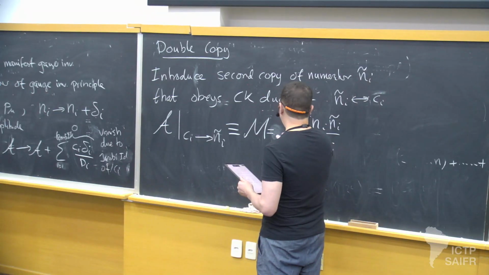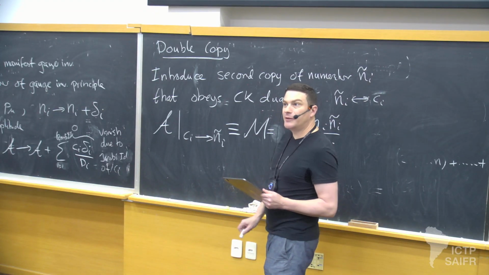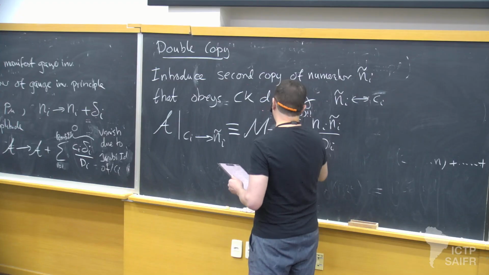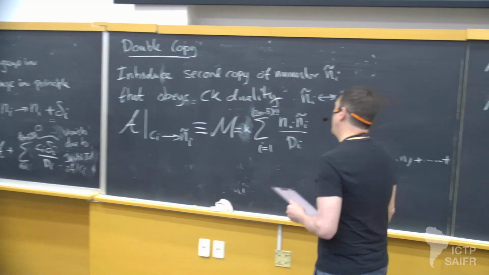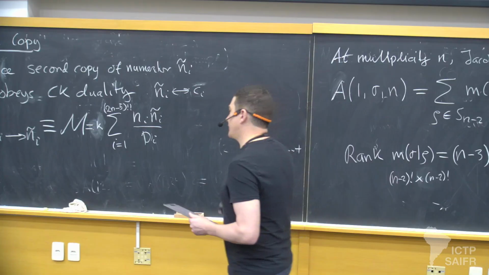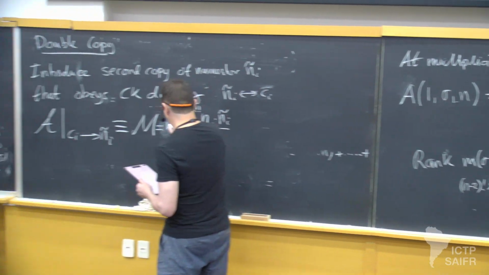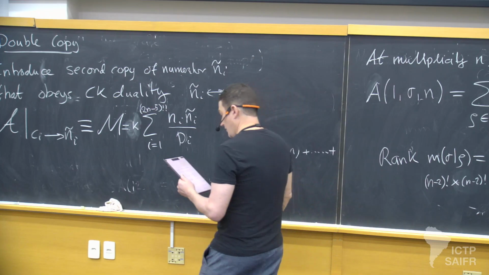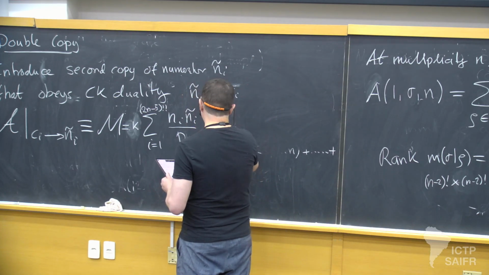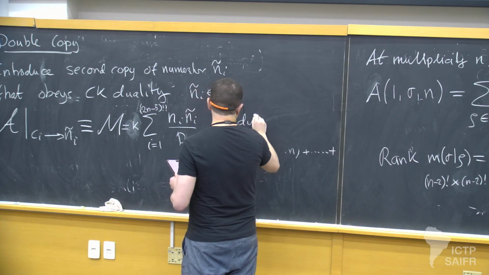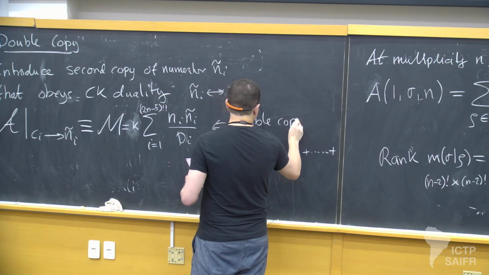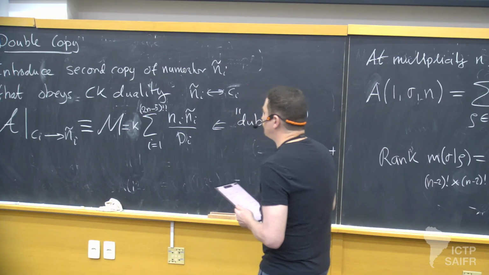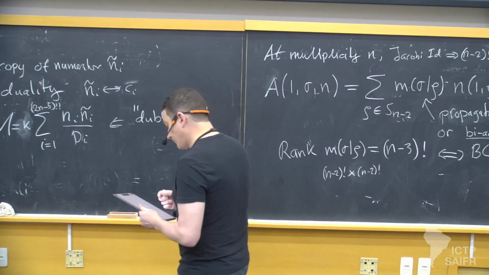You can basically divide by a mass here if you want, but traditionally we just multiply by kappa, and kappa is a quantity which scales like 1 over mass, to make up for the fact that the dimensions are a bit wrong. But yeah, this is the double copy, at least at tree level.